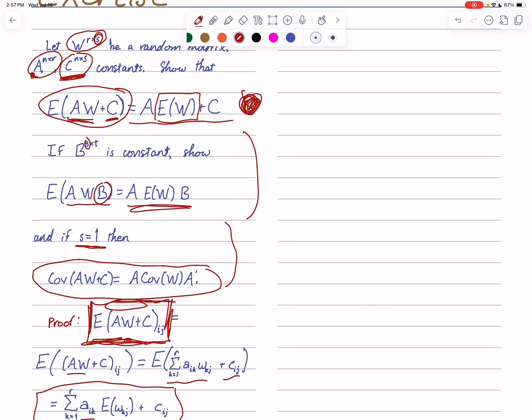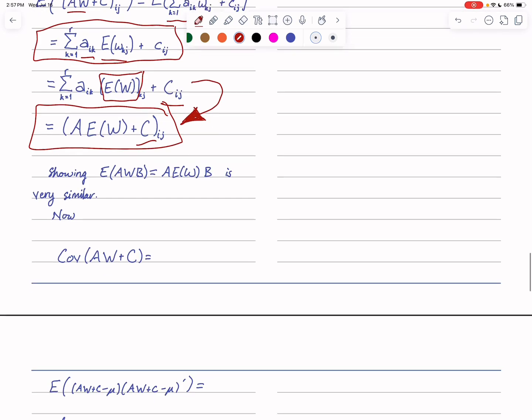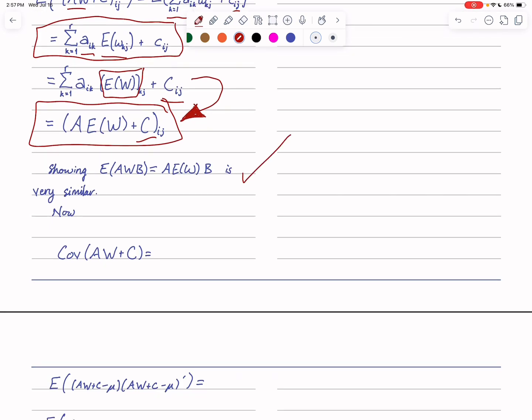Next, we have to come back and talk about proving the distribution of expectation for when you have a matrix on the right-hand side. I'm not going to bother doing that because the proof is so similar to what we just did, so I'm leaving that as an exercise to the viewer.